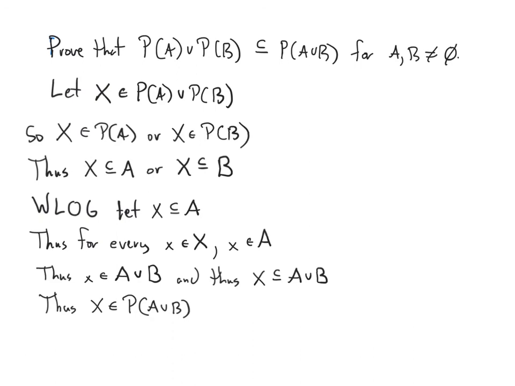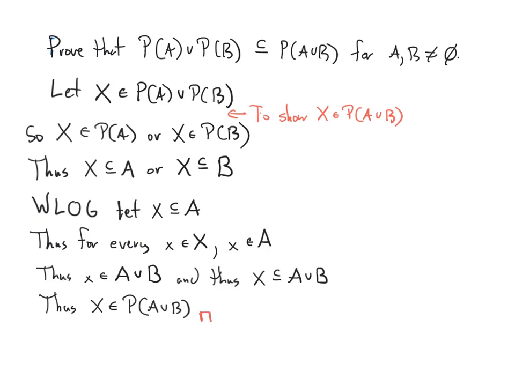We assumed X was an element of the power set of A union the power set of B, and we wanted to show that X was an element of the power set of A union B. That's what we needed to show. So we just did that, so we're done.